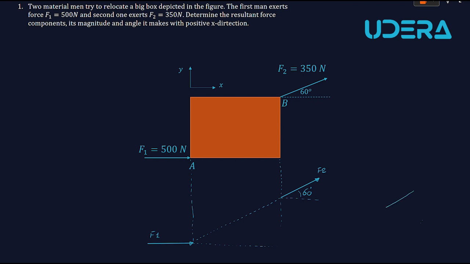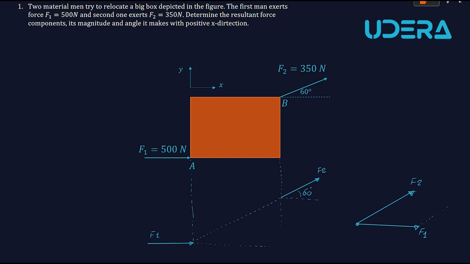Therefore, the vectors F2 and F1 are like this, and since they share the same initial points or tails, we can use the parallelogram law of addition to find the resultant vector.